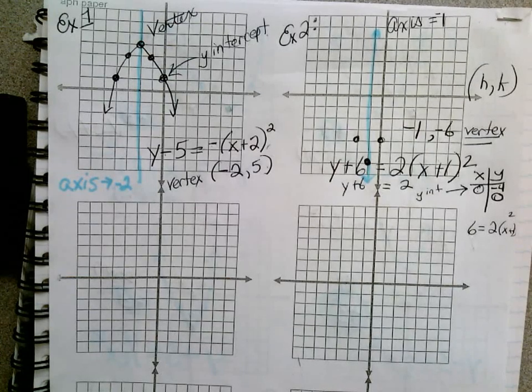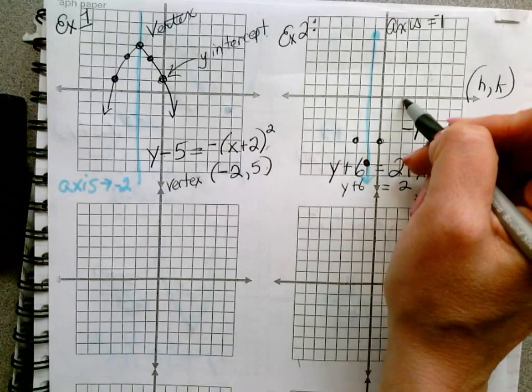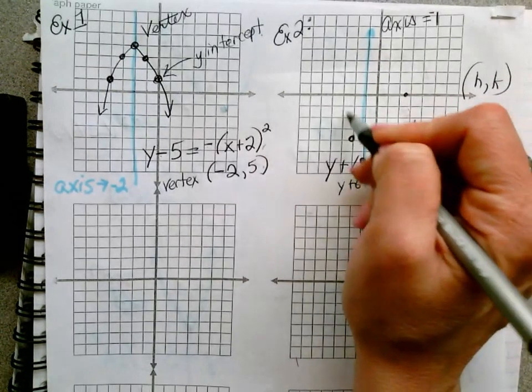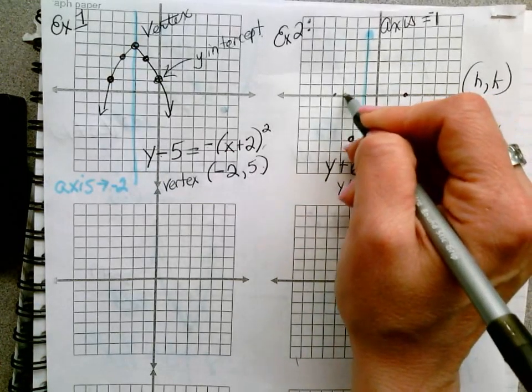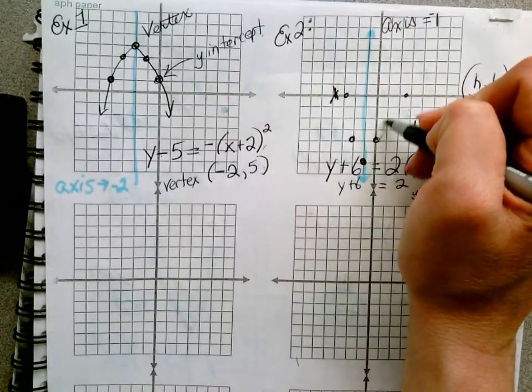To find x-intercept, set y to 0, rather than taking up too much time, it's either going to be negative 2.7 or positive 7/10.